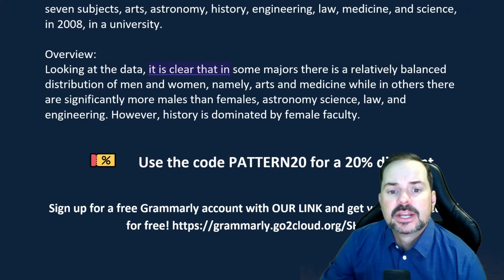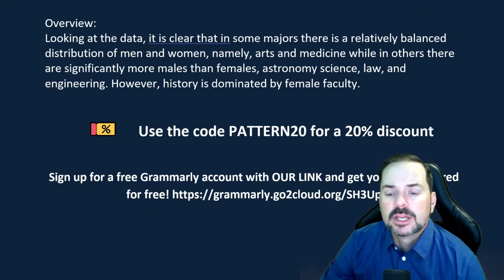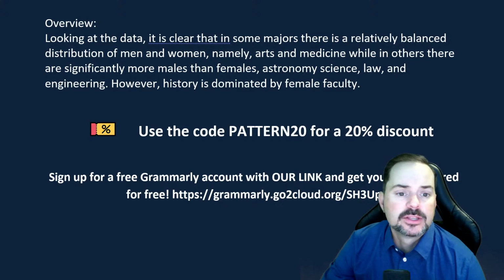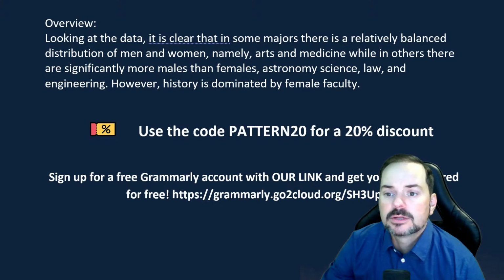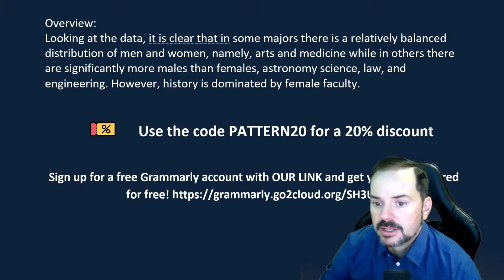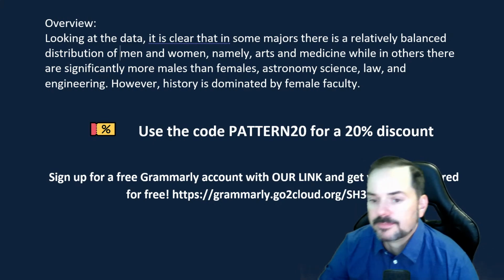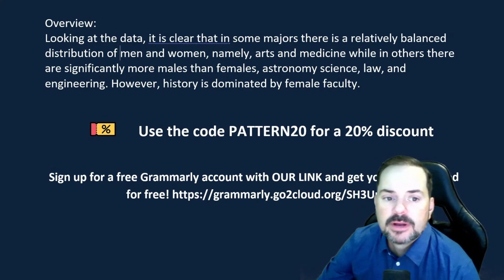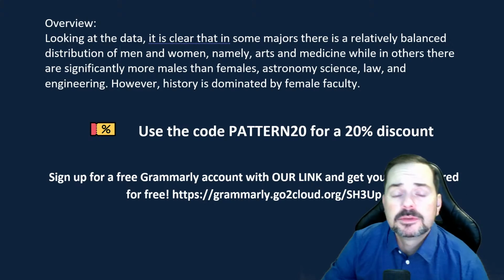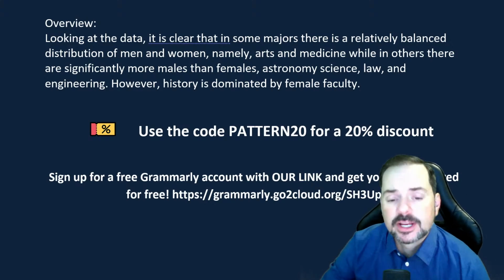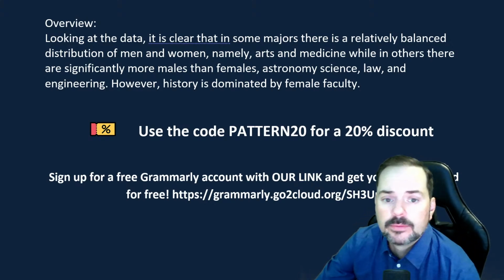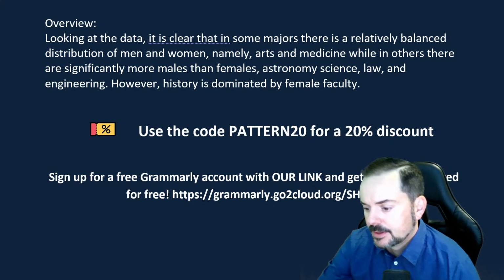Looking at the data, it is clear that in some majors there is a relatively balanced distribution of men and women, namely arts and medicine, while in others there are significantly more males than females: astronomy, science, law, and engineering. However, history is dominated by female faculty. Okay, so that's my overview, and that makes sense, and that gives me a really clear outline and direction for the rest of my essay.